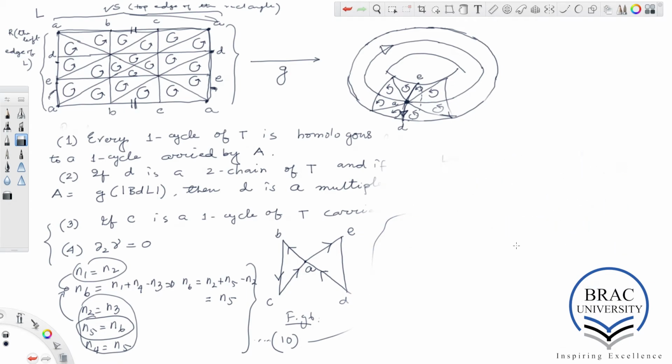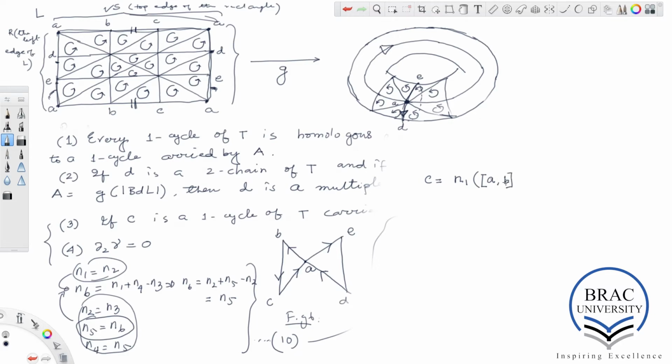Okay, so let me erase everything here and see that C looks like this. Since n1, n2 and n3 are all equal, we can factor out n1 from these three elementary one chains.